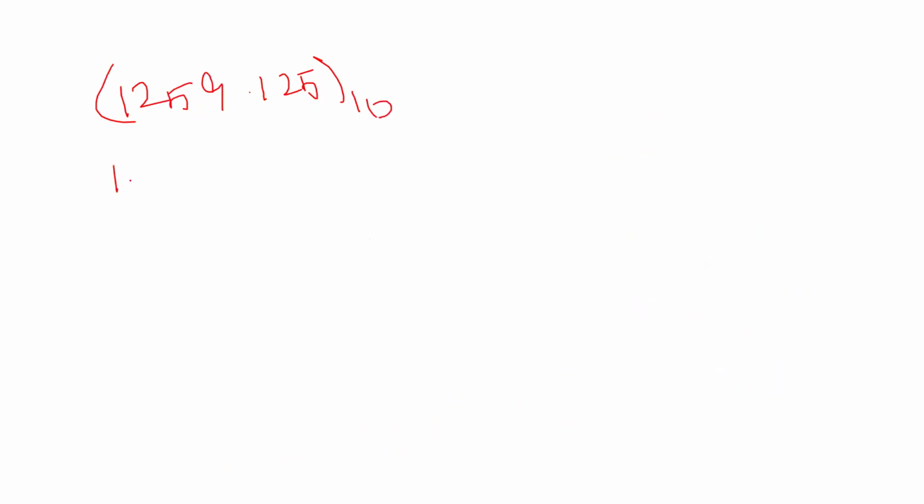First, for 1259, we have to convert the integer part. We have to divide by 2, and the remainders are like this.